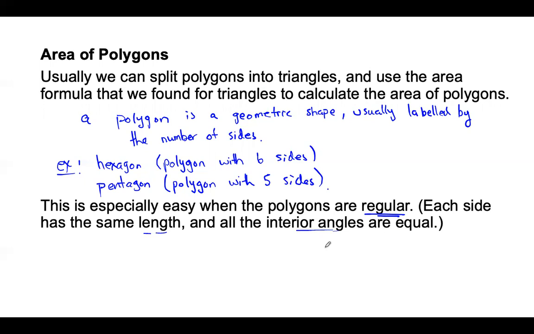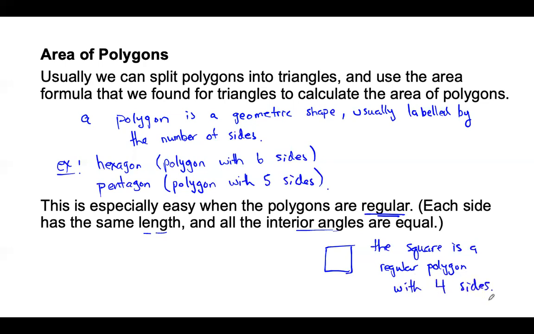The most obviously famous one would be the square. So the square is just a regular polygon with 6 sides, or, sorry, 4 sides. Why am I saying 6? So 4 sides.